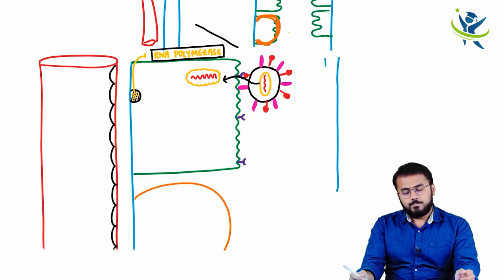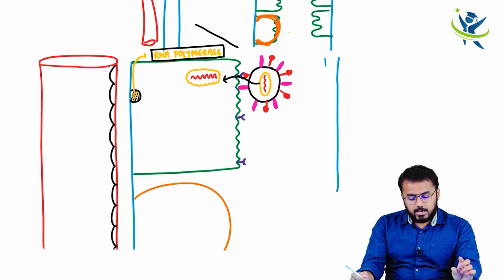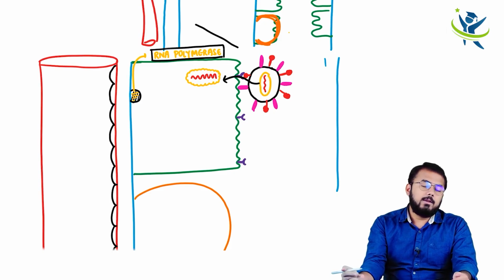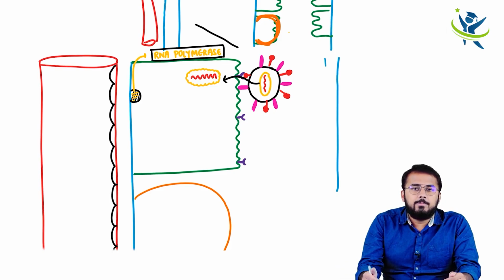Okay. So this RNA which I have already, the viral RNA whatever I have here, again I am telling you, this is called single stranded negative sense RNA.